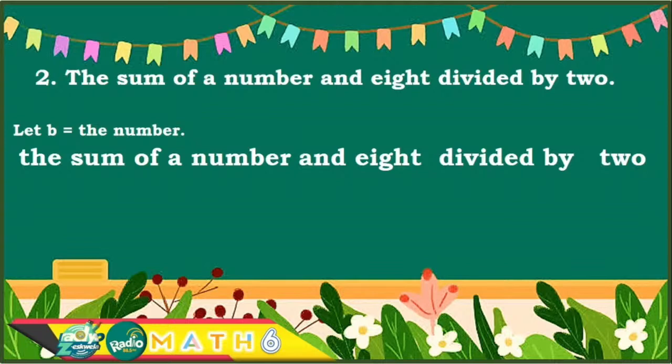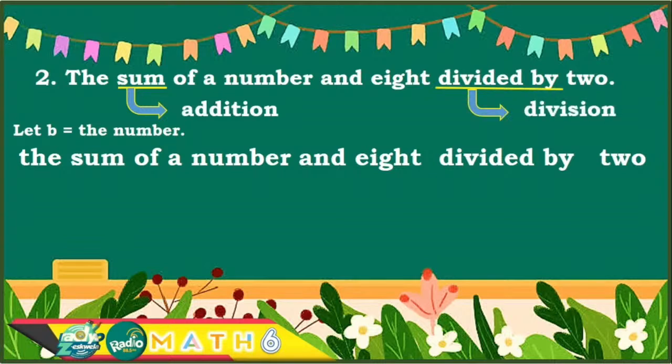Translate to algebraic expression: the sum of a number and 8 divided by 2. Study the phrase. It begins with the keywords the sum, and ends with the words divided by, which signify the mathematical operations addition and division. So, to translate the word phrase, the sum of a number and 8 divided by 2, we let B represent the number.